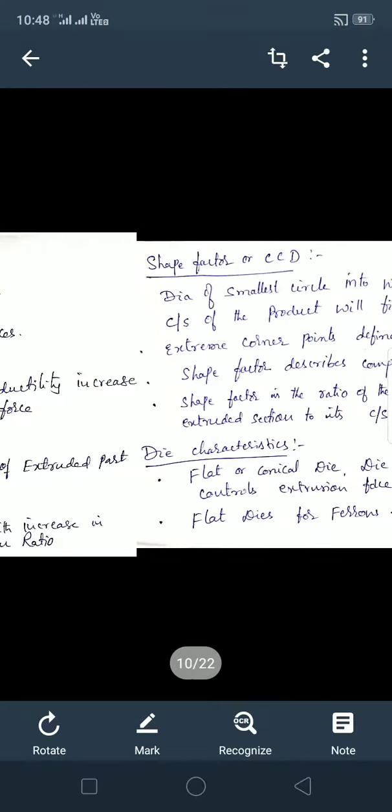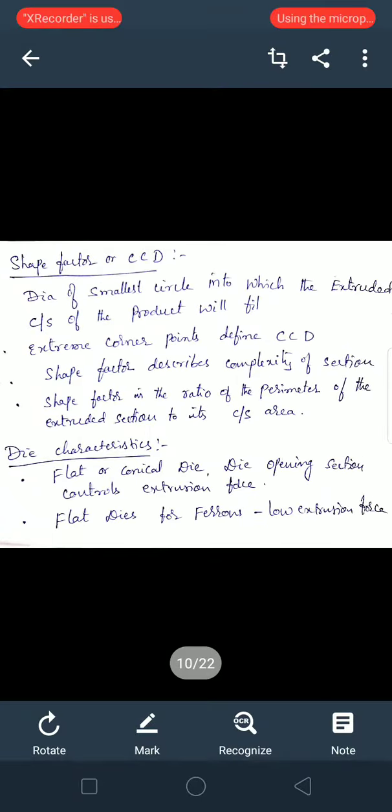Coming to the shape factor, or CCD, nothing but the circumscribing circle diameter. The shape of the extruded part is described by a parameter termed the circumscribing circle diameter, that is CCD.